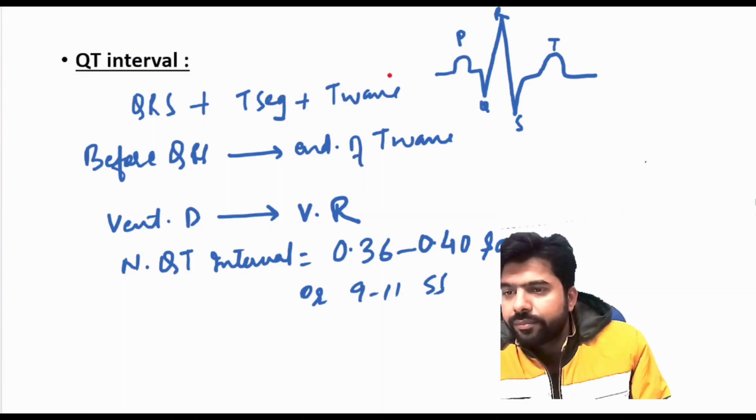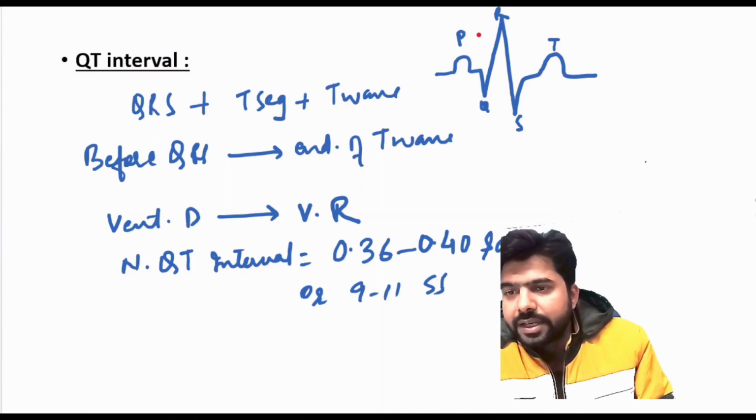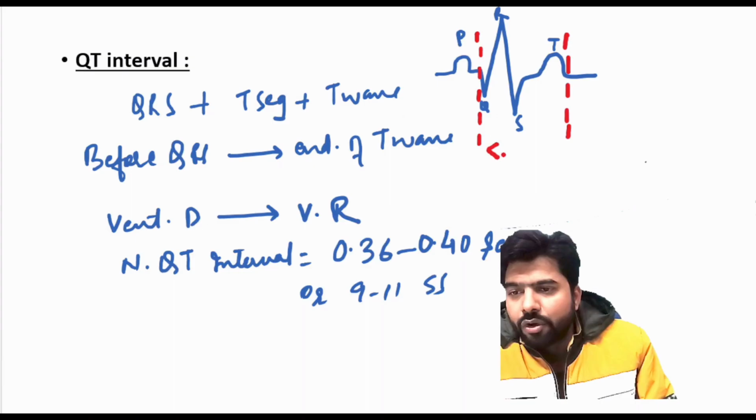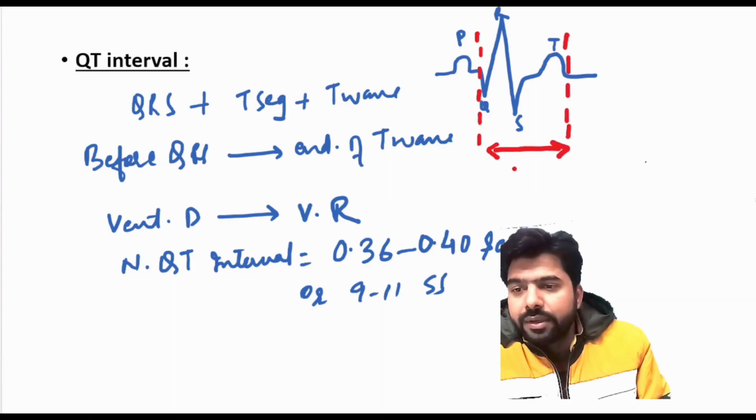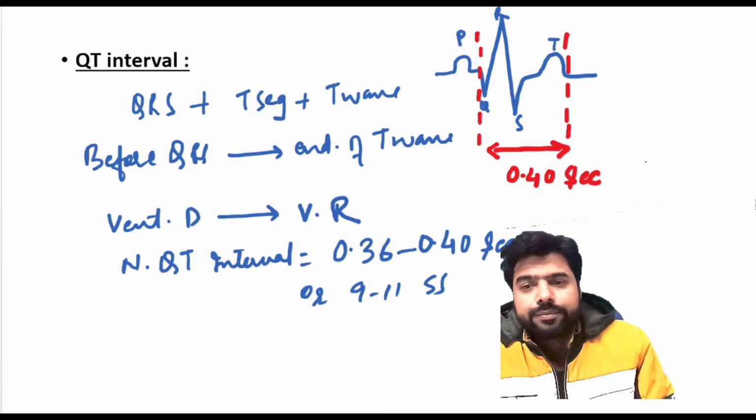So the QT interval starts from here, this line, and ends after the T wave. And the normal duration of this QT interval is 0.40 seconds. Okay.